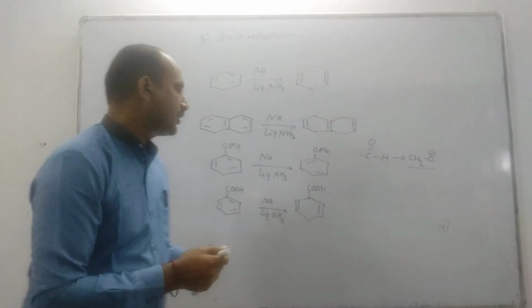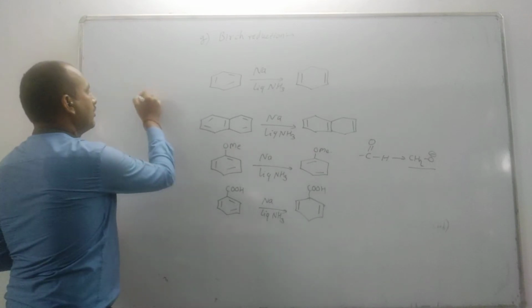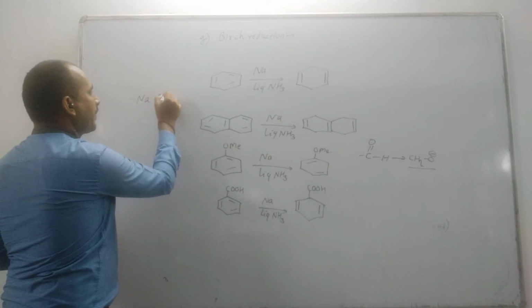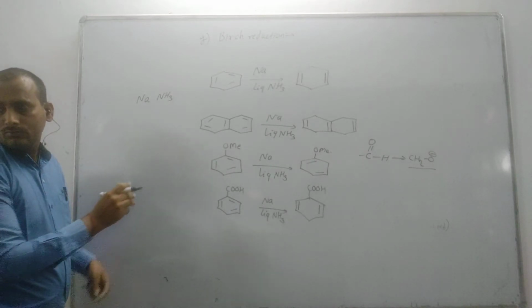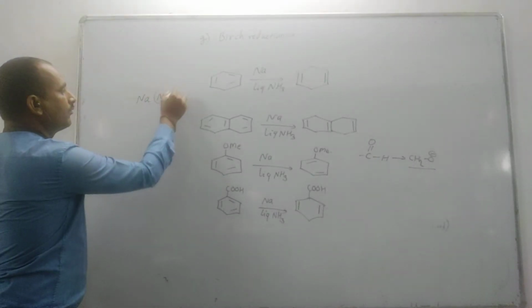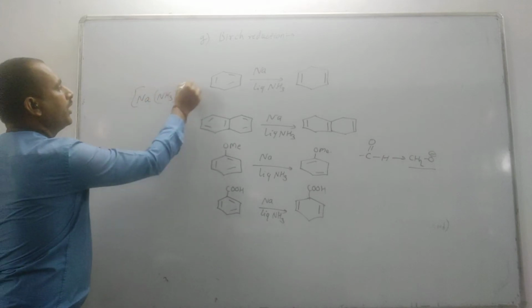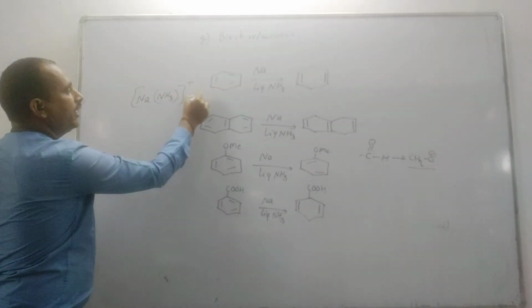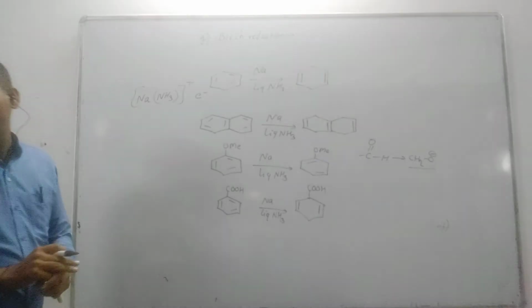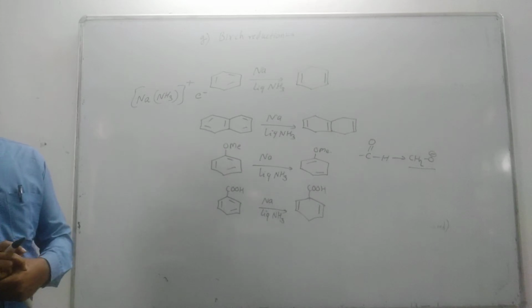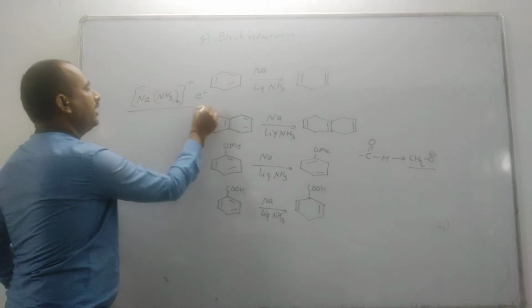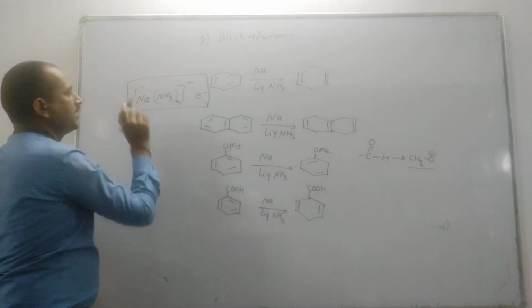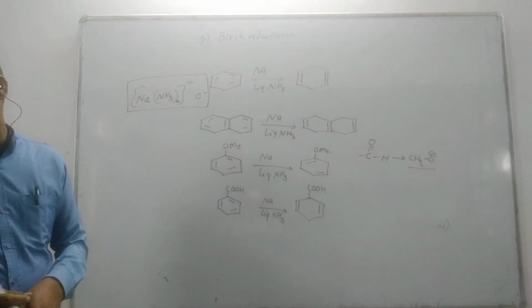That salt is Na(NH3) plus and an electron. So the salt is the electrolyte salt. This electrolyte salt formation takes place and the electron transfer occurs.